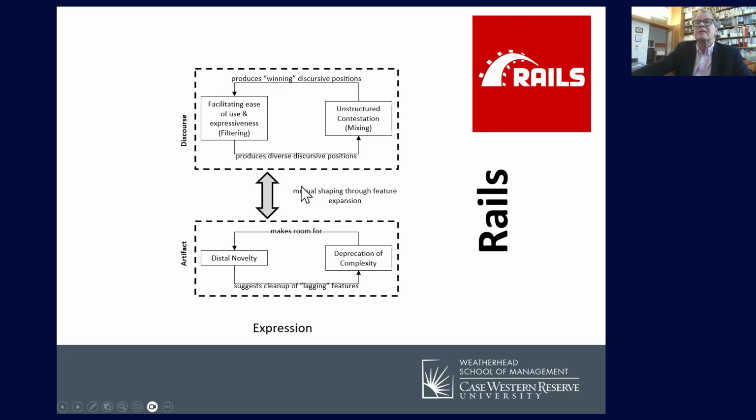And that results in it being much more likely that you will produce distal novelty. But distal novelty adds complexity into the system, much more than the other. And you have to clean up the lacking features in order to manage the complexity, which means you have to deprecate the complexity, which makes room for additional forms of distal novelty. Again, these are self-reinforcing mechanisms in both cases.